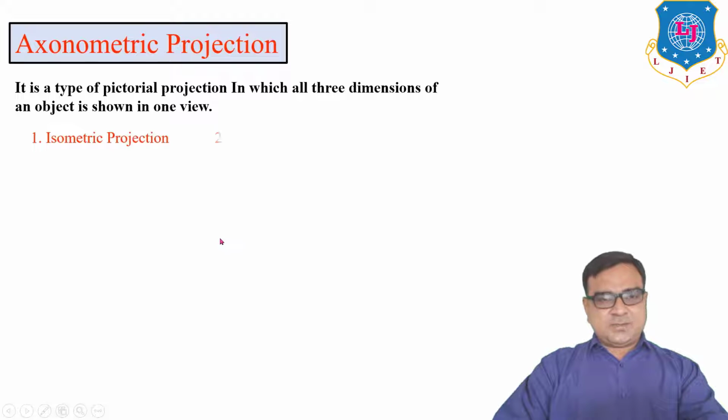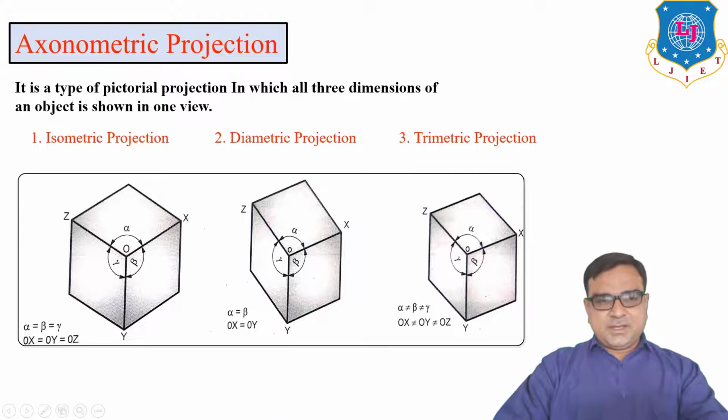So first is isometric projections, diametric projections, and trimetric projections. The first, isometric projections, are the projections in which the three mutually perpendicular axes of the object, meaning length, width, and height, these three lines, are equally inclined to each other.